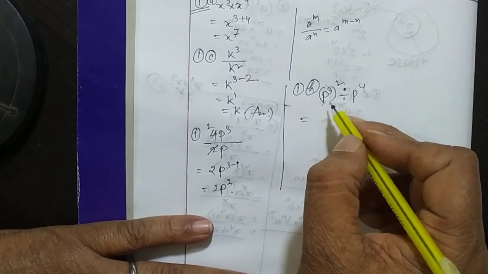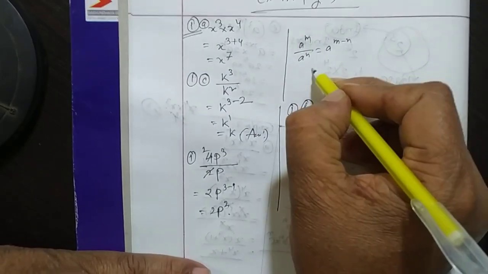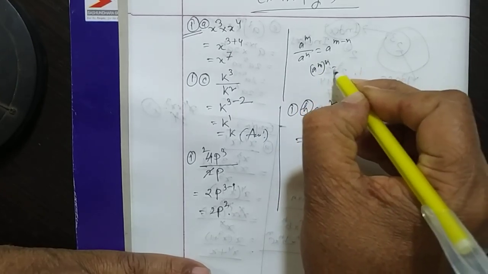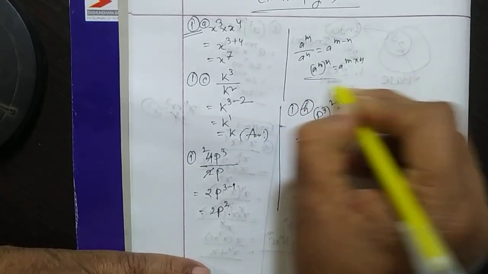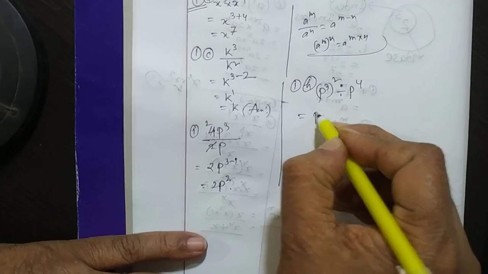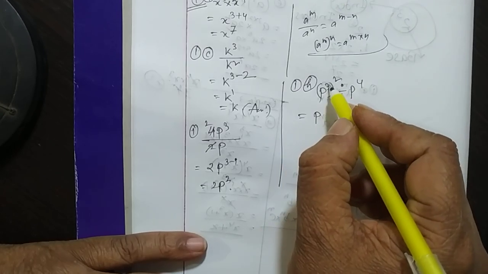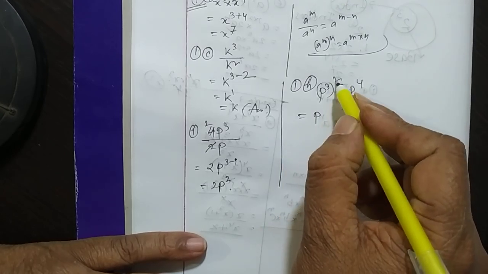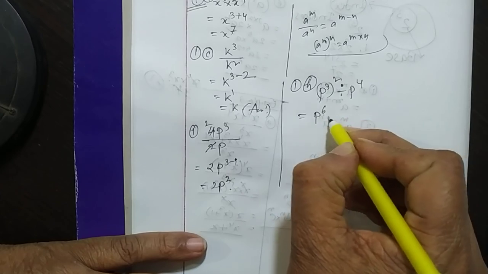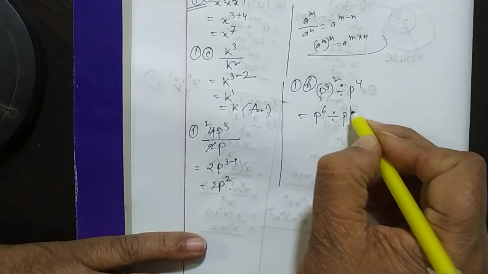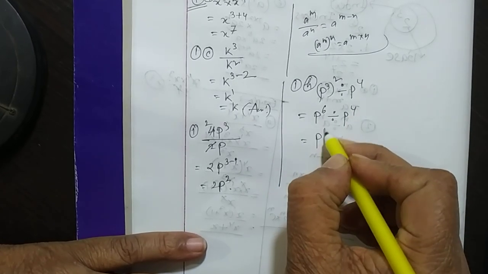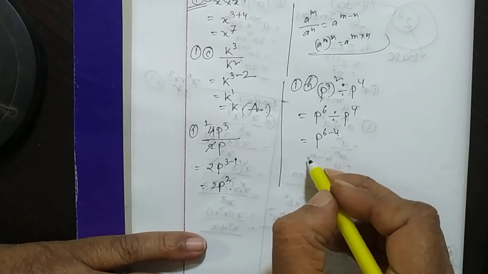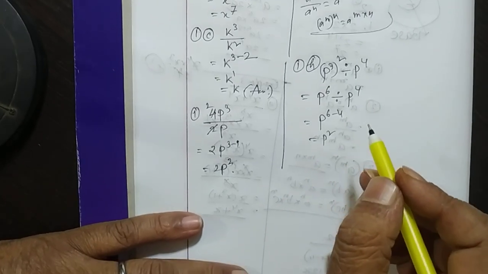Now we have a rule: if there is a power on another power, the powers will be multiplied. That rule will apply here. So p to the power of 3 to the power of 2, that is 2 times 3, that is 6, divided by p to the power of 4, so p to the power of 6 minus 4, and that is p squared.